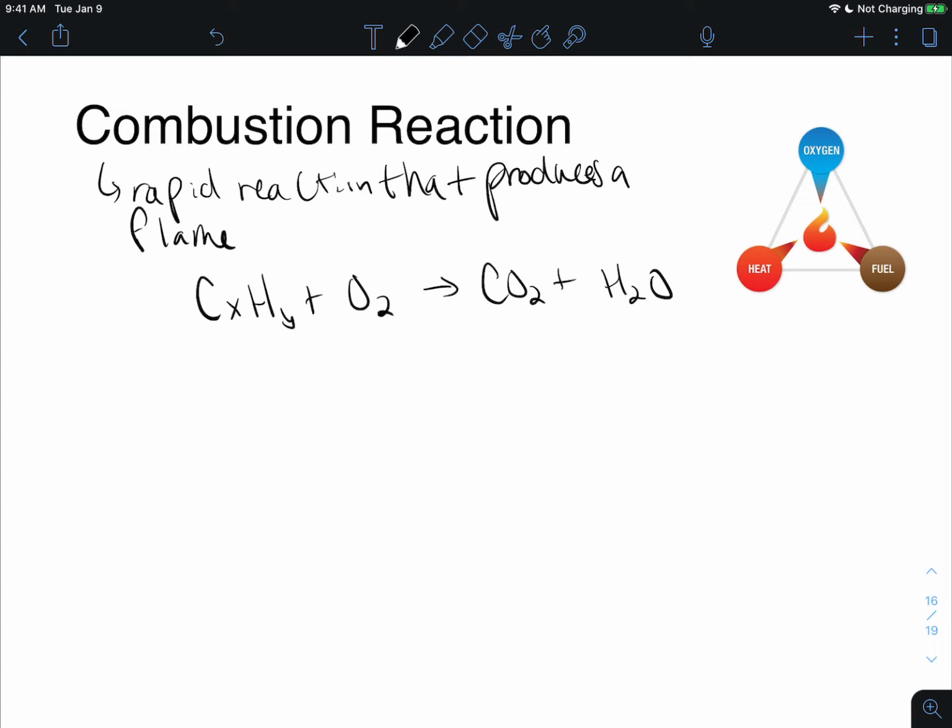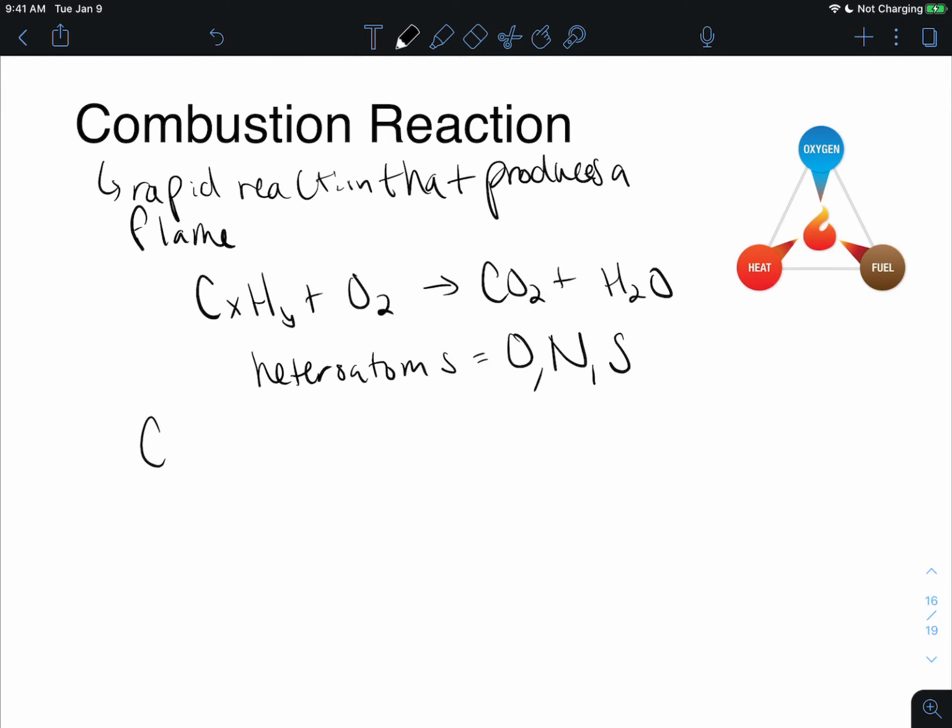There can be heteroatoms within our hydrocarbon. Some common heteroatoms include oxygen, nitrogen, and sulfur. So it could be a hydrocarbon or a hydrocarbon with heteroatoms. As long as you're reacting it with oxygen, producing carbon dioxide and water, there can be additional things.